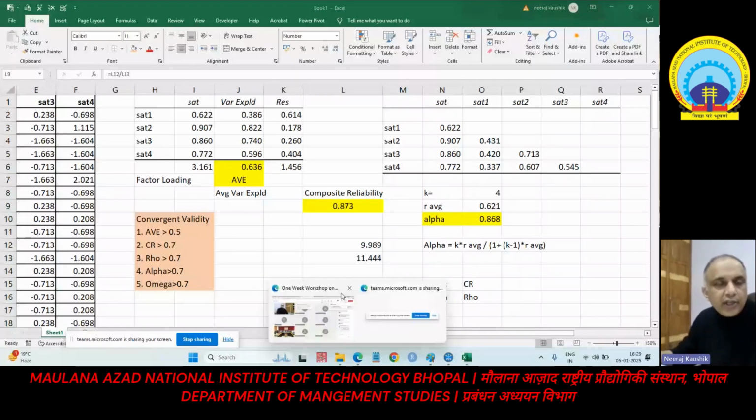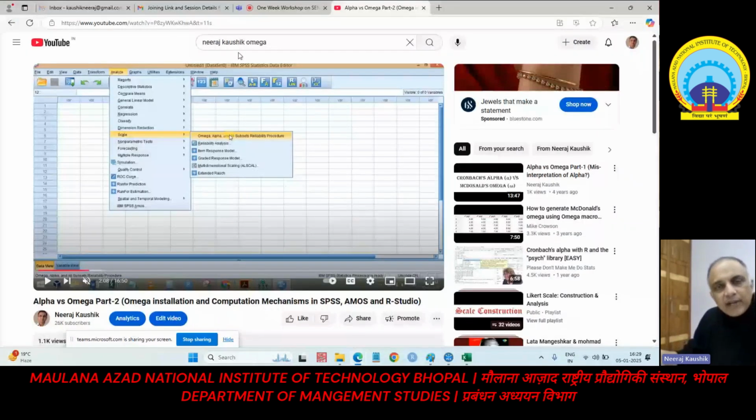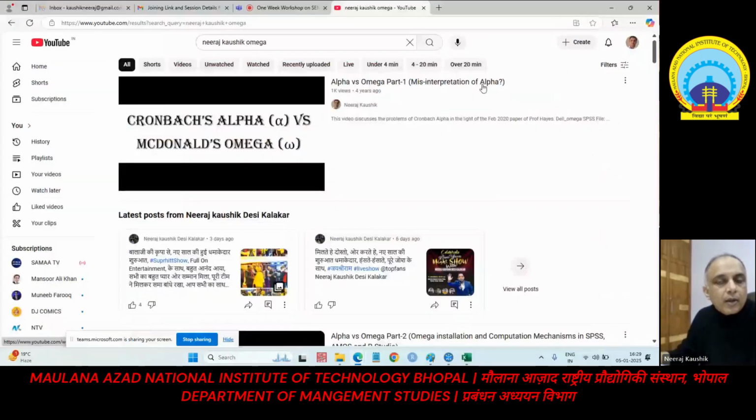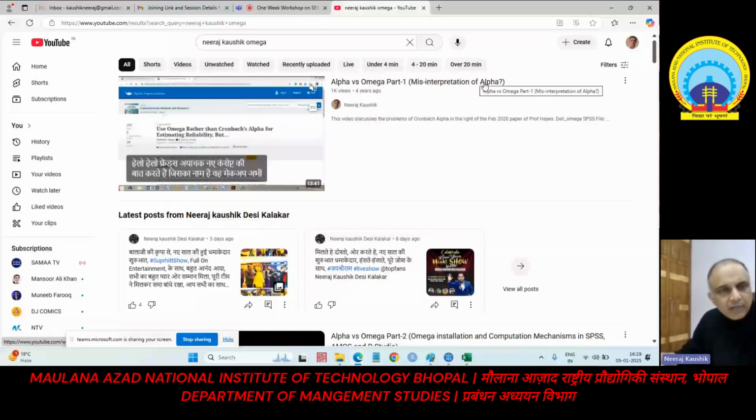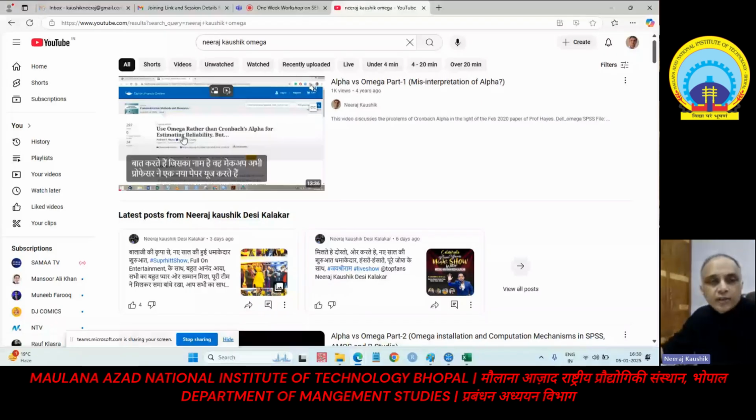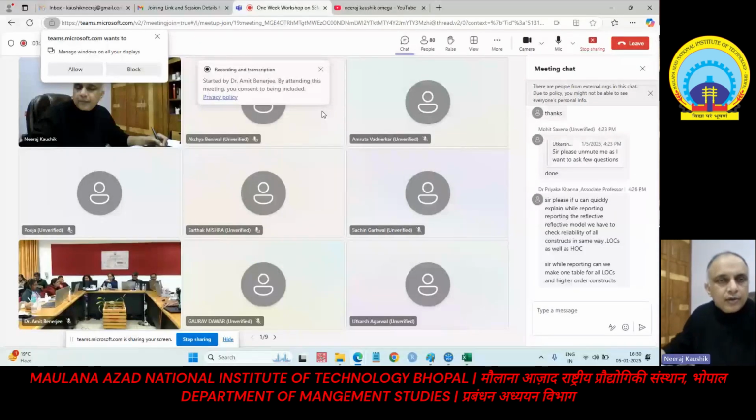Here you can write Neeraj Kaushik omega. I have spoken about what the problem is. I shared that paper and explained what the problem with alpha is, why for 60 years nobody worked on this, and what the basic problem with alpha is. These people have discussed it, and I shared their paper and explained that. Okay, sir. Got it, sir. Shall we go ahead? Yes, sir. Thank you so much, sir.